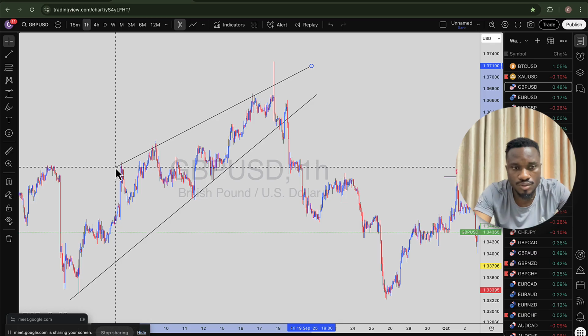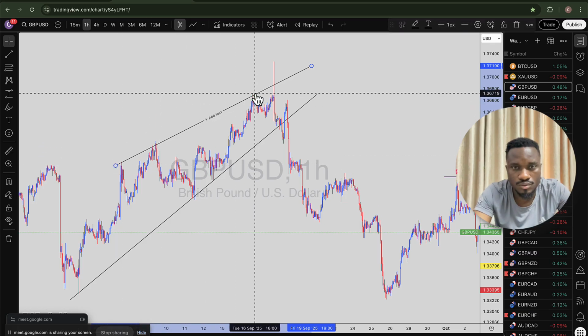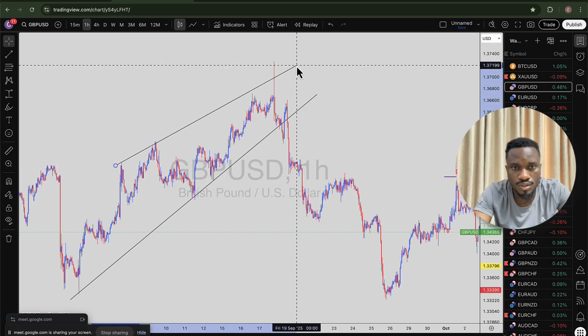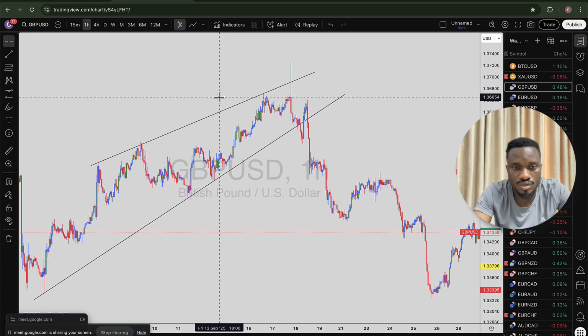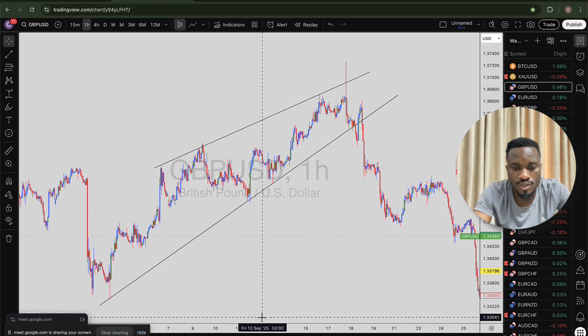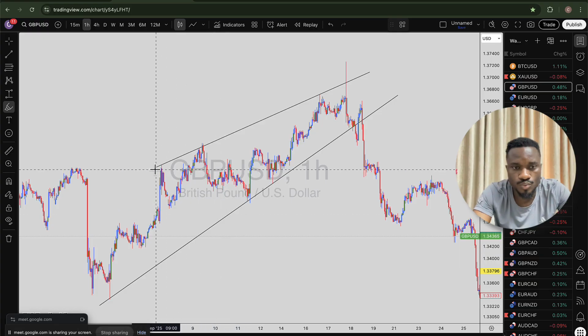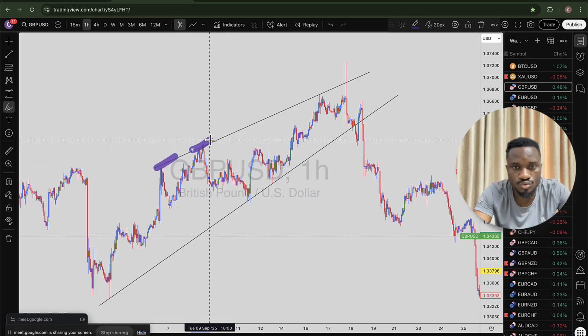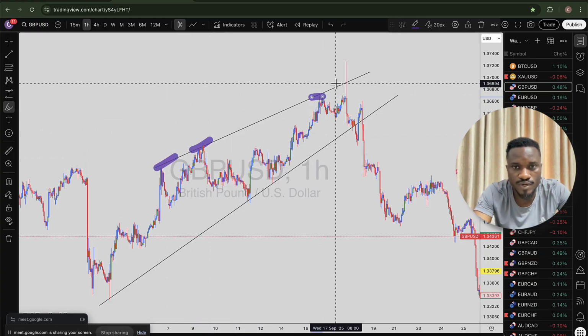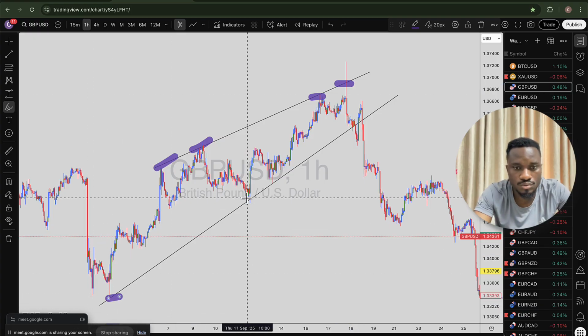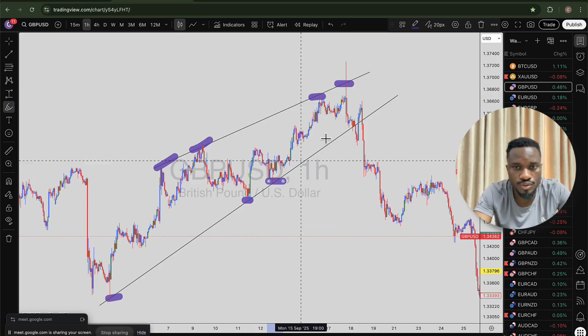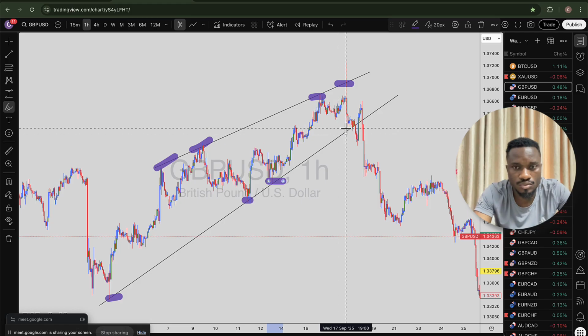Okay, this high and this high. Yes, so this is another wedge. We have our minimum requirements. We have the 1, 2, 3, in fact 4, which was a sweep. 1, 2, 3. All right, so you can see that.